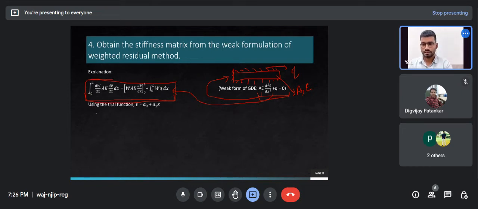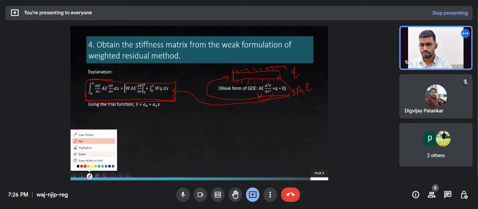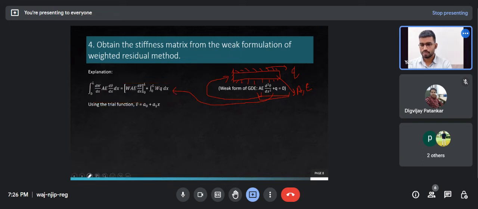Here, if you see, the order of the trial functions is only one, so I have taken the trial function of order 1, that is a0 plus a1x.